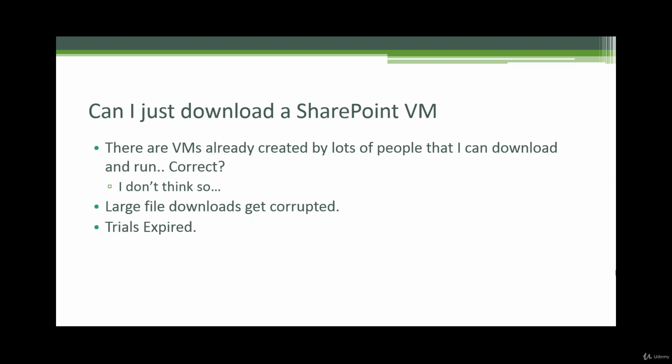Trials are expired. Somebody who created these virtual machines pretty much used the trial products. They would not be using their own licenses and distributing them to everybody out there. So if you download these VMs from the internet, when you run them, you find out that the trial period has expired for most of the products on it.